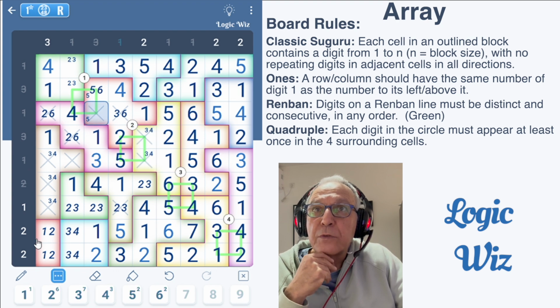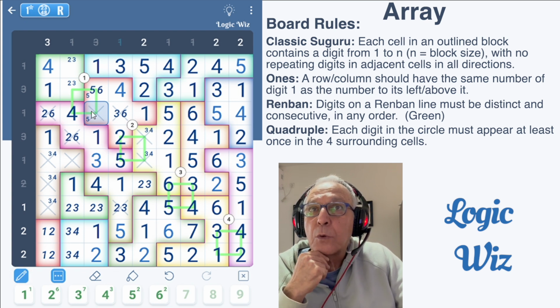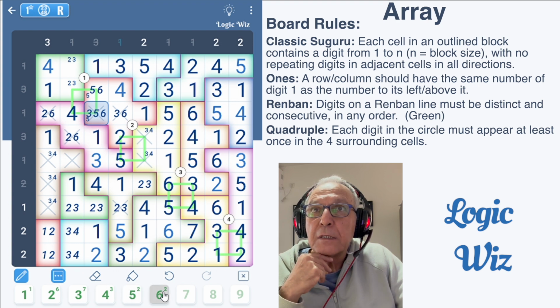Okay, what are the options over here? We cannot have a 1, we cannot have a 2. We can have a 3, cannot have a 4, we can have a 5, and we can have a 6.